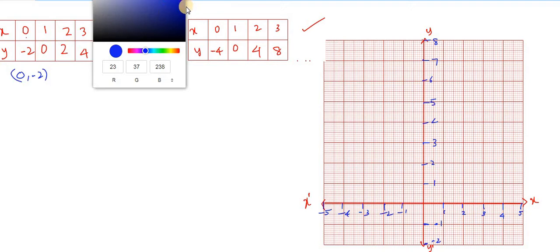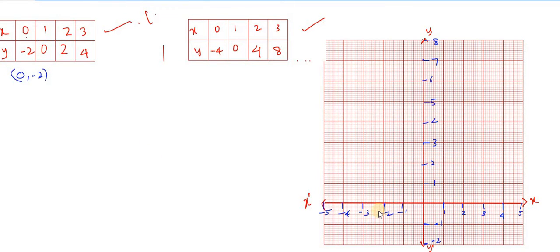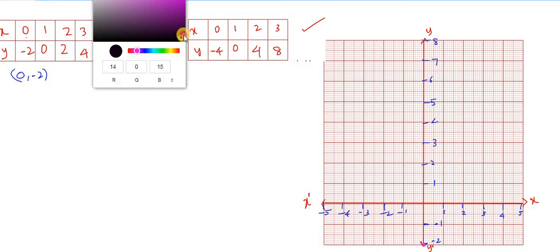Draw the lines in pencil and mark the points in pen, blue color pen. I'll take purple. Now 0 comma minus 2, this point. This does not look contrasting either. I'll take black, it is best.